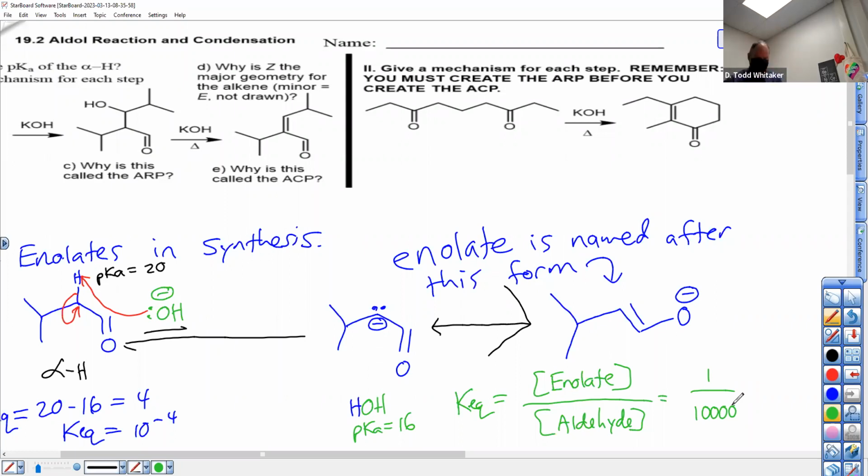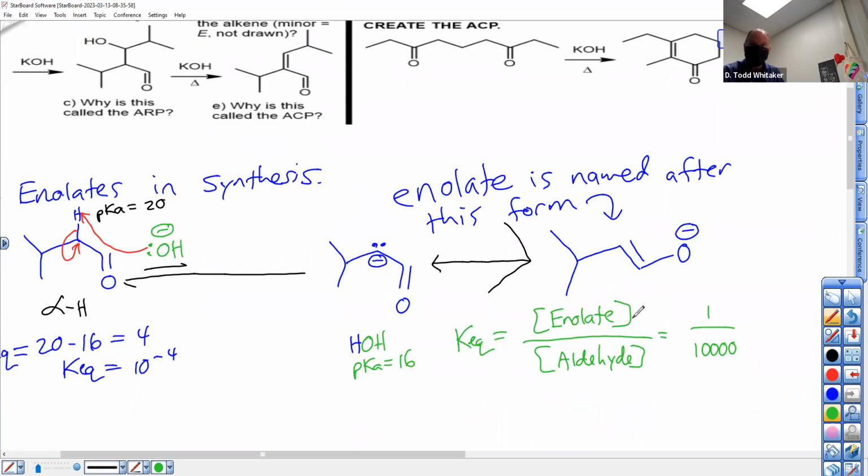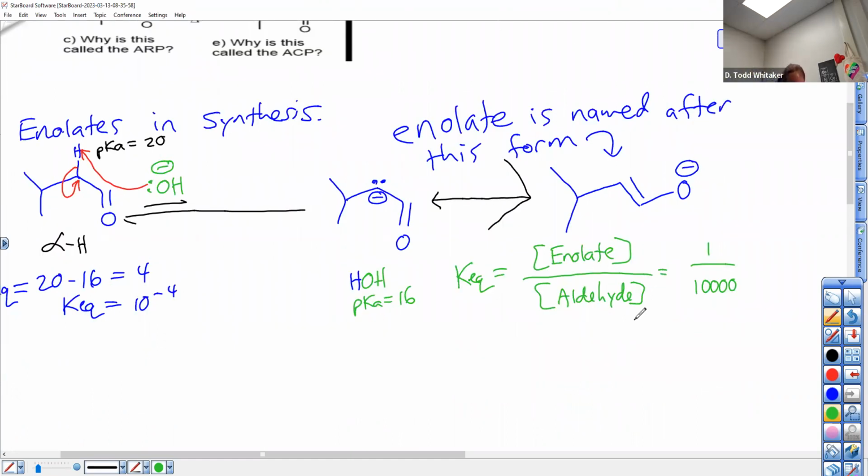What? So what's the enolate going to react with? You already said it. Aldehyde. What part of the aldehyde is most interesting to the enolate? The carbonyl, because the carbon is quite positive. This is the exciting part right now.